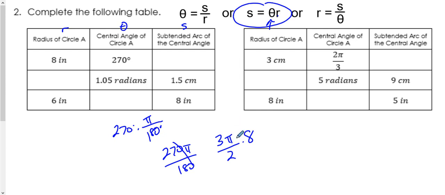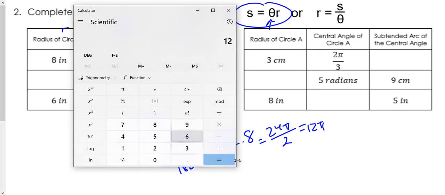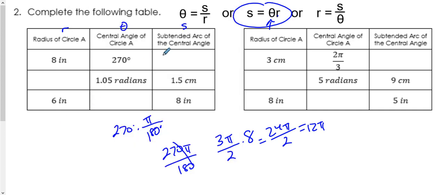So 3 times pi times 8 divided by 2. So 3 times 8 is 24, so this is 24 pi over 2, so that is 12 pi. In our calculator, we get 12 times 3.14, and we end up with 37.68 inches, because this is in inches.